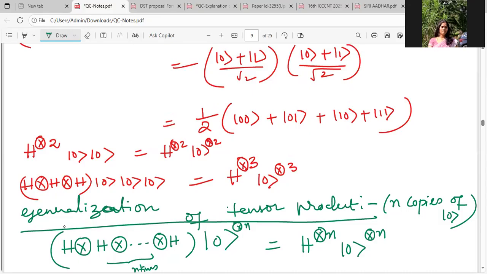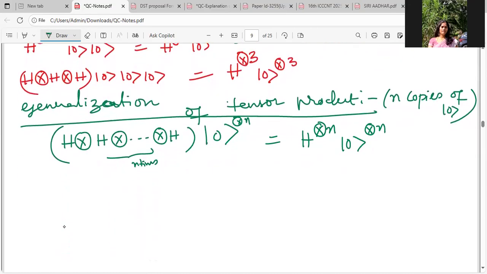Of course, for the 0 1 case, I also have a notation. Just see here. I also have a shorthand notation for things like 0 1 and 1 1. I have done it for 0 0 and 1 1, right? Let me do it for H tensor product of 0 and 1.